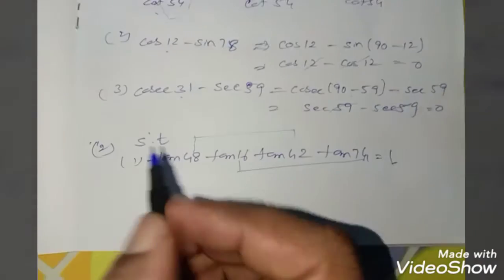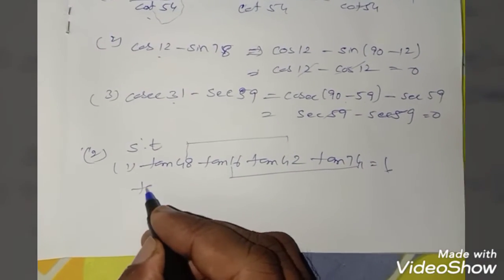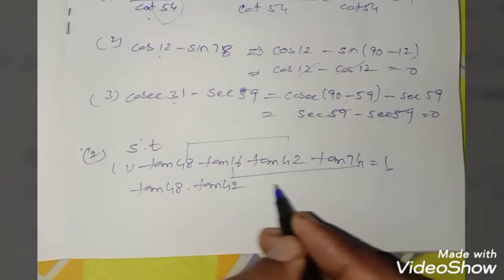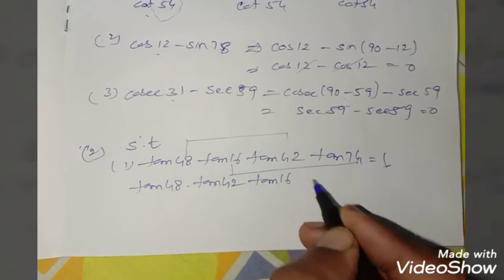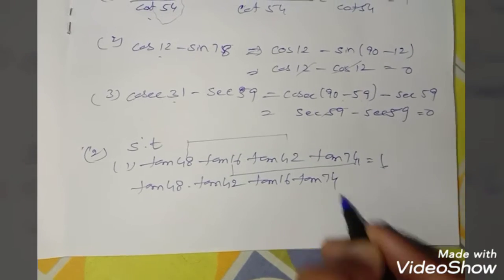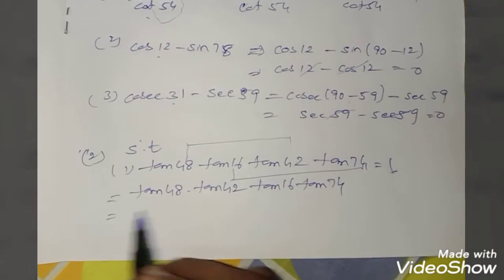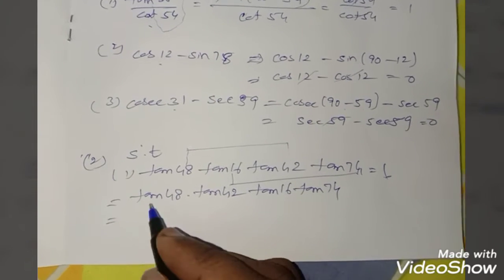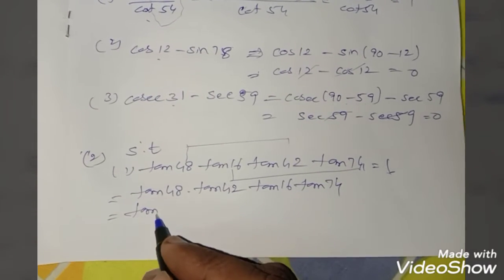So write them on one side. I can write this as tan 48 into tan 42, here tan 16, tan 74. Right, multiplication you can write anywhere. Now take the complementary angle of any one of the ratios, that is tan 48.